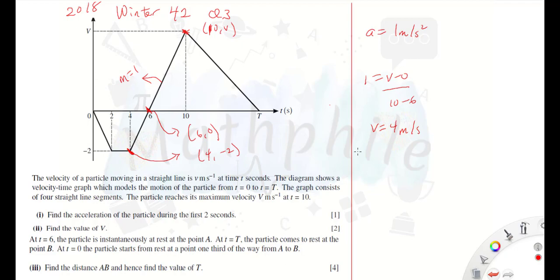Let's see if we can continue with that. At t is equal to 6, the particle is instantaneously at rest at point A. At t equal to capital T, the particle comes to rest at point B. At t equal to 0, the particle starts from rest at a point 1/3 of the way from A to B. Well, this is what made me put this question at that level.